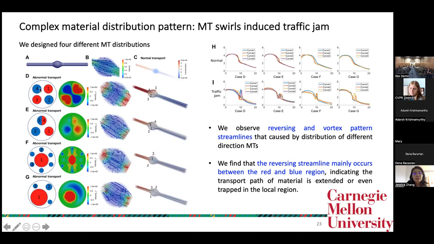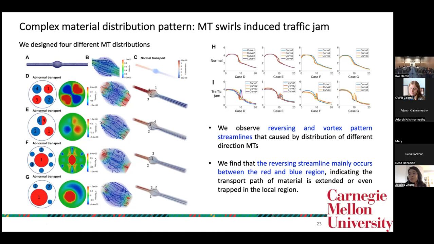For each red region, blue region, we can also extract the center line to show the concentration distribution. And we can see at the blocked, swirling local area, we have a jump. And we observe the reversing and the vortex pattern streamlines.